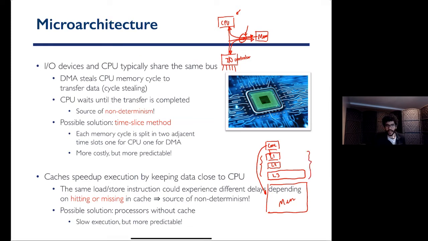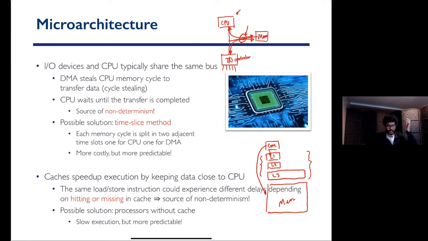Because the data in the L1, L2, and L3 caches are kind of random, they're not exactly random, but what data is in the cache depends on how applications are accessing memory.